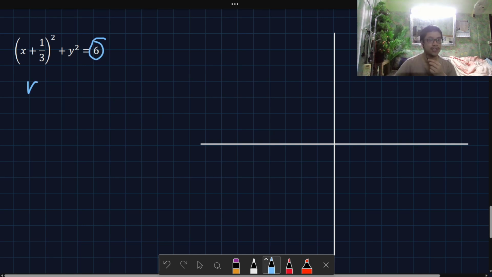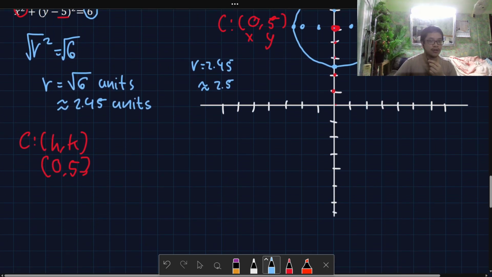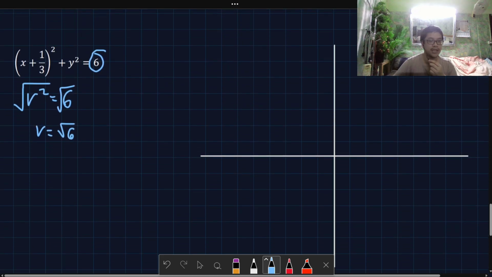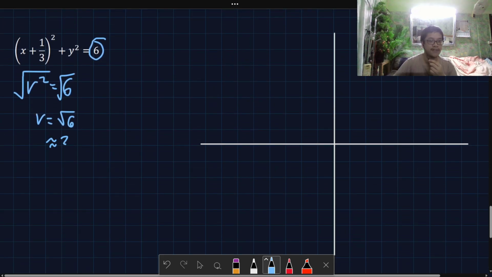Your r squared is 6. Since it is greater than 0, it is a circle. So just take the square root of both sides. The length of the radius is the square root of 6, which is the same as before, approximately 2.45 units long.